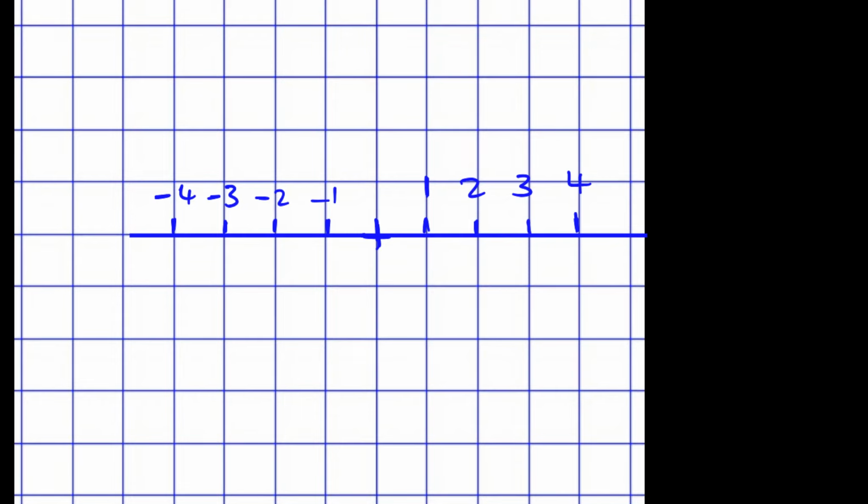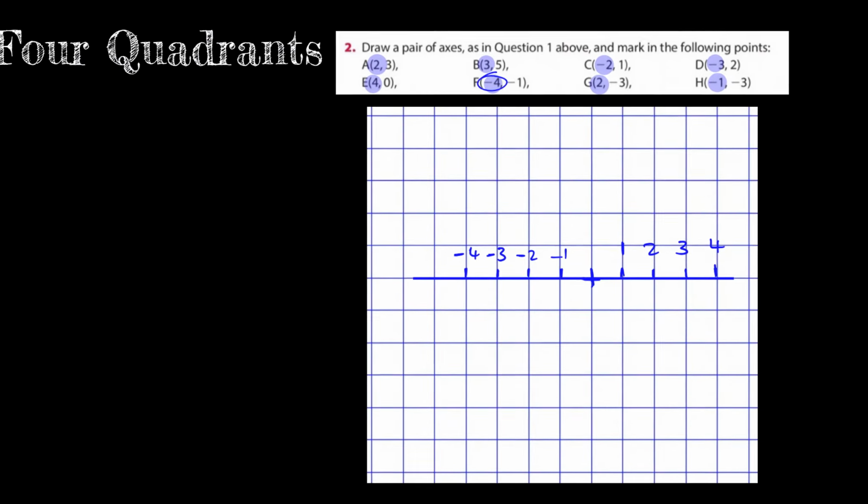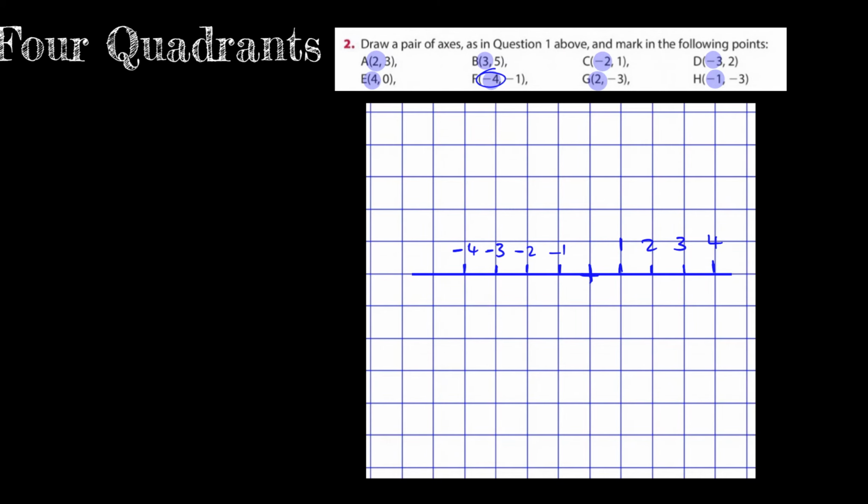What I need to do next is draw the y-axis. I'll use the same principles as I just did, and highlight the y's and see how far they go. The y's go from 3, 5, 1, 2. The highest y is going to be 5, so I'm going to have to go up 5.